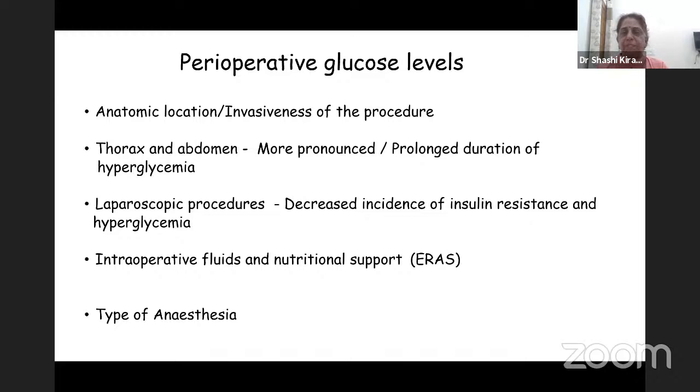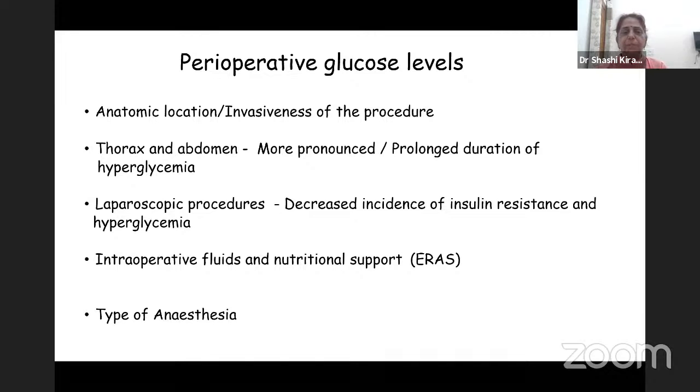Perioperative glucose levels can also be influenced to a major extent by the anatomical location and invasiveness of the procedure. For example, if surgery is being done in thoracic or abdominal areas, the hyperglycemia is more pronounced. Laparoscopic procedures are associated with a decrease in the incidence of hyperglycemia as compared to open procedures.